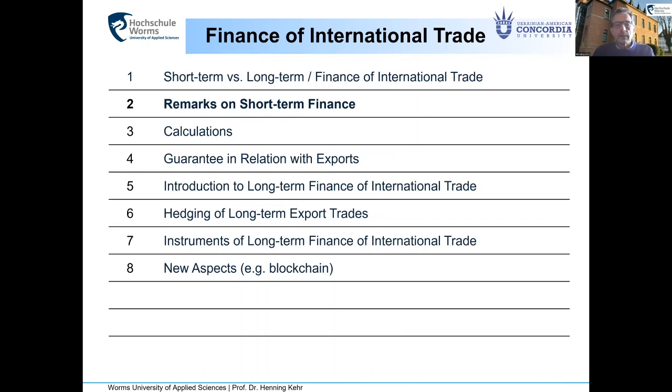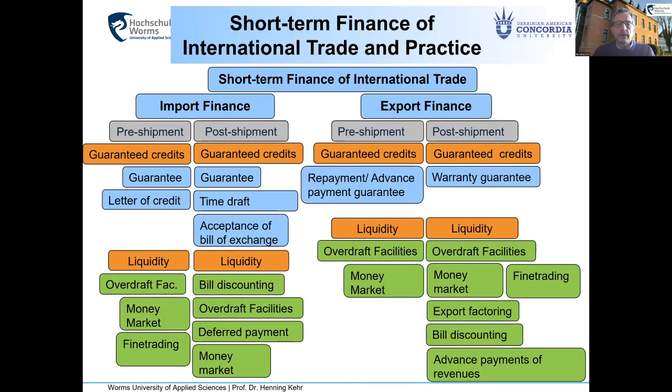So some remarks on short-term finance. I tried to make clusters to see in which case you can use which tool or instrument.